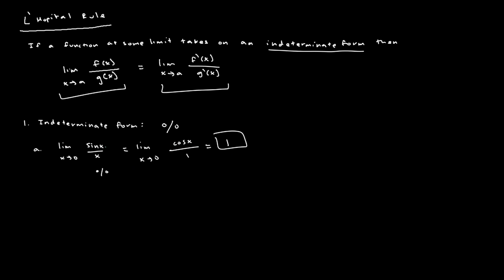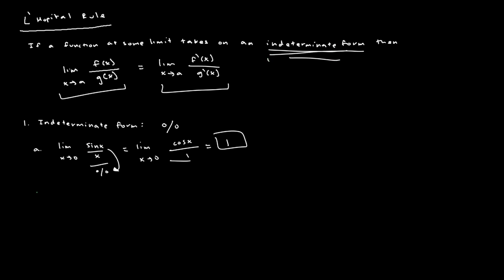And the only reason we could have applied L'Hopital's rule is because when we tried to evaluate this function at 0, we got an indeterminate form. A function must take on this indeterminate form for us to apply L'Hopital's rule. So let's solidify this through more practice.